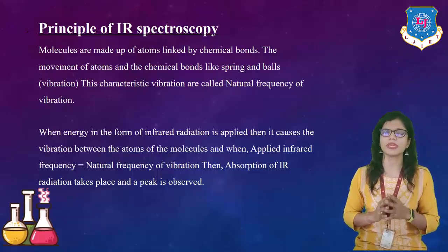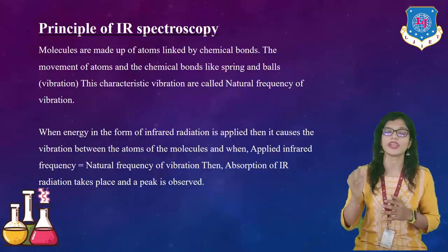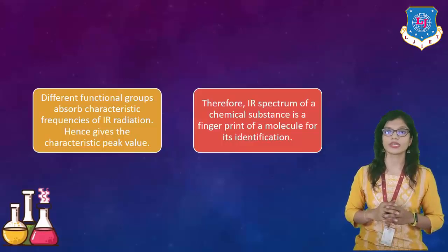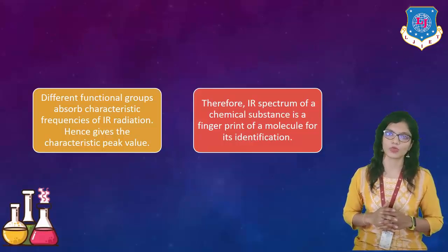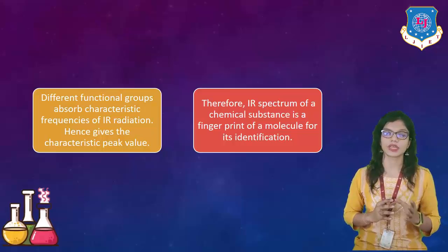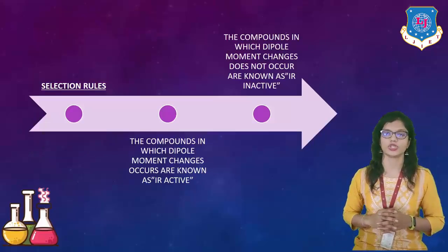Now this particular peak will give rise to the identification of the compound. It can be used for both qualitative and quantitative purposes. Different functional groups absorb characteristic frequencies of IR radiation and hence give the characteristic peak value. And therefore the IR spectrum of a chemical substance is the fingerprint of a molecule for its identification, right?